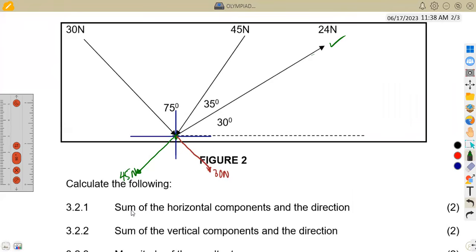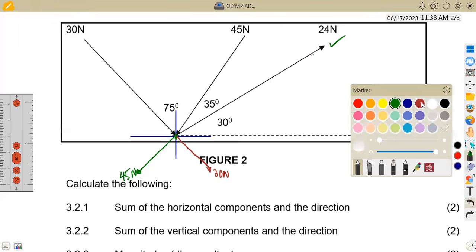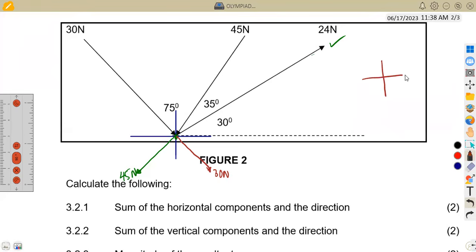All right, so since we are to calculate the components, which are the horizontal and the vertical, I said each and every force that you're supposed to be having must have this concept: the angle that is affecting that force is supposed to be taken from the horizontal line to the given line.